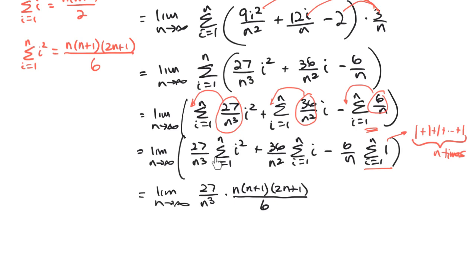So I'm replacing this thing here with this. I'm going to do the very similar thing here. So then we get plus 36 over n squared times n plus 1 over 2, and then minus 6 over n times n.